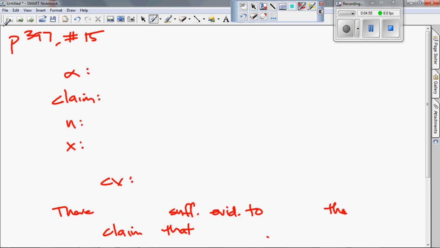Page 397, number 15. You're told to use a 0.01 significance level. For number 15, we are testing the claim that the rate of smoking among those with 4 years of college is less than 27%.